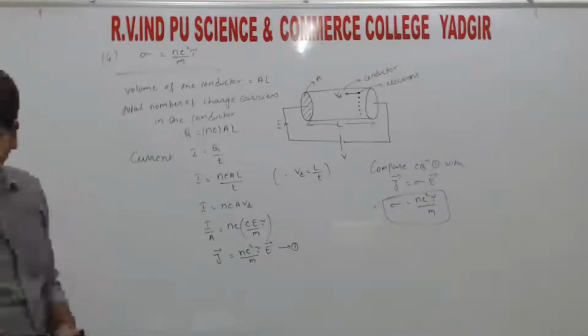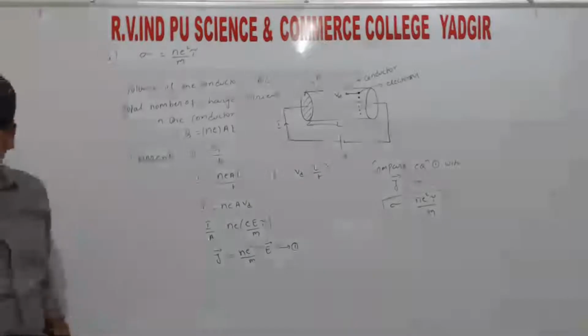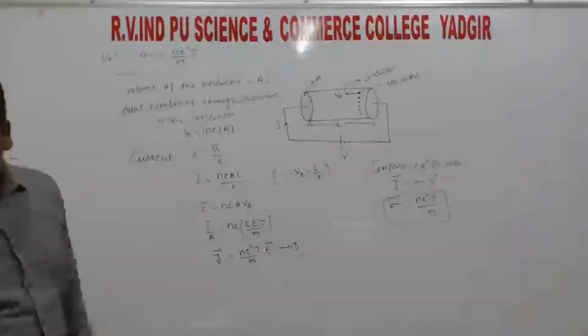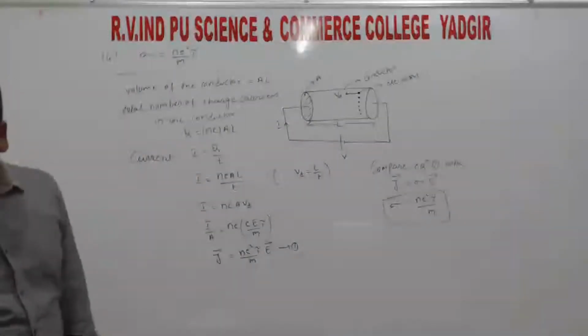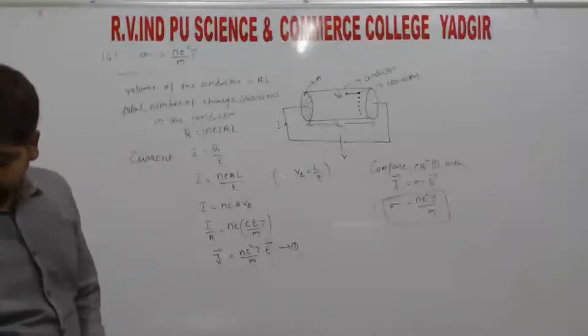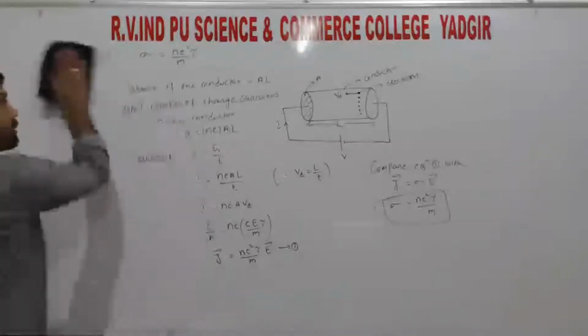So next, obtain the expression for effective EMF and effective resistance of two cells connected in, the first one is parallel and the second one is series.